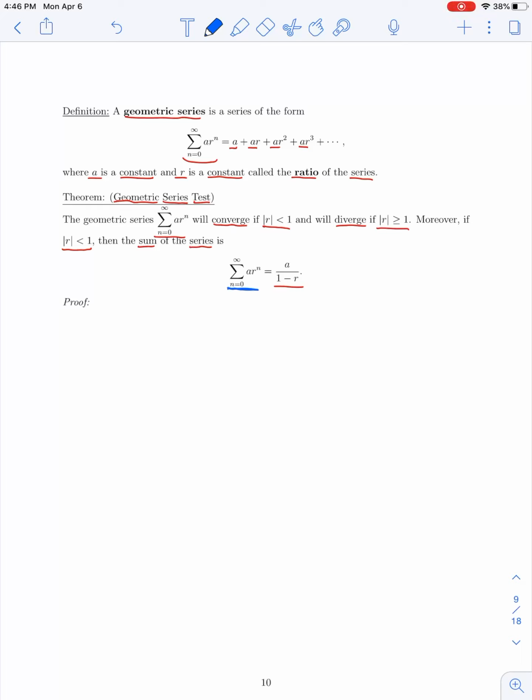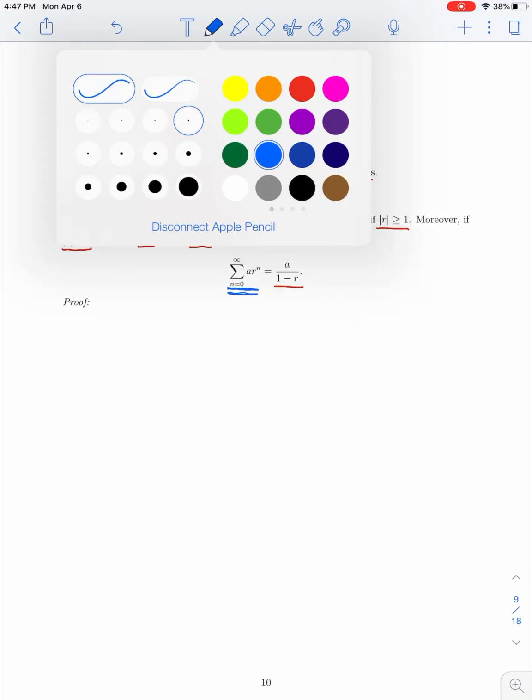So in some examples we'll have a sum that starts at a value other than n equals 0, in which case we have to rewrite our series so that it has this so-called standard form. So let's look at the proof of this result.